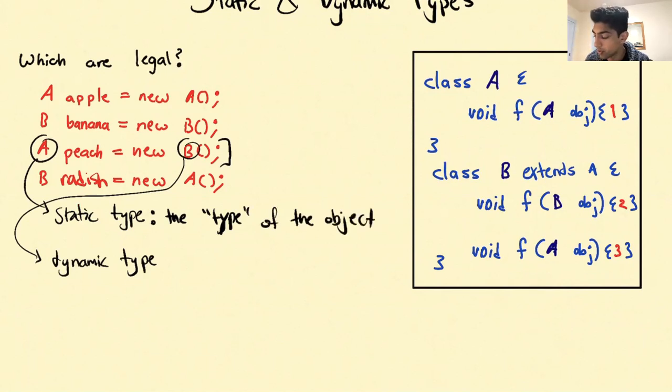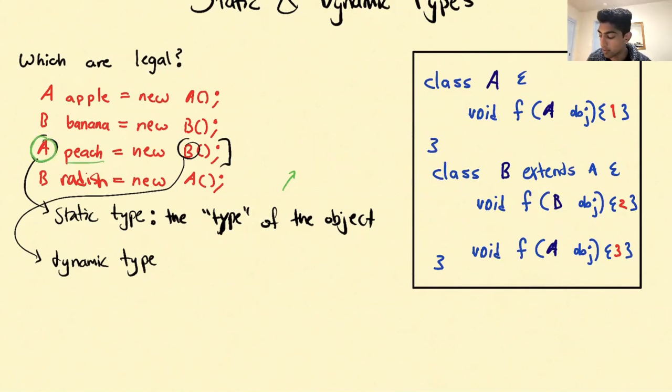Suppose that we have some sort of integer, let's say int a, right? We all know that the type of a is int, right? In the same light, we can say that the type of peach is A, and that refers to the static type of peach.